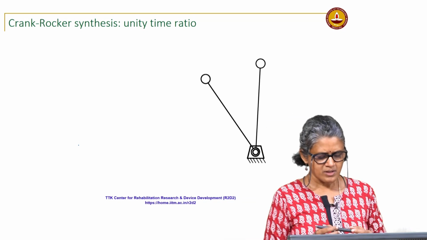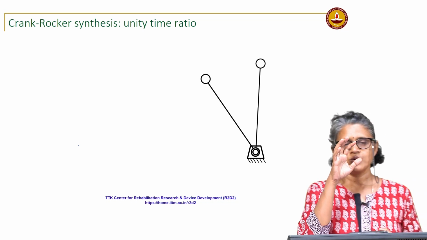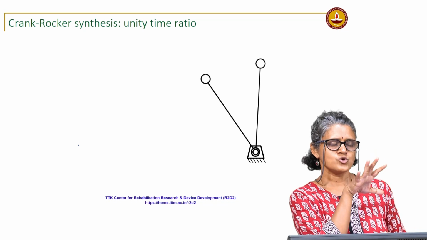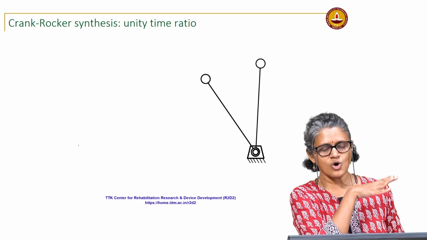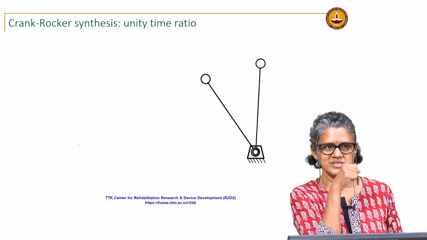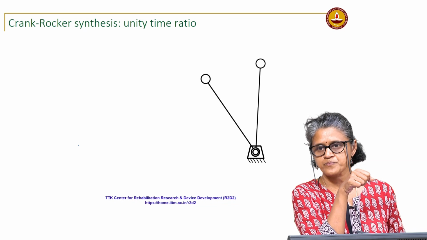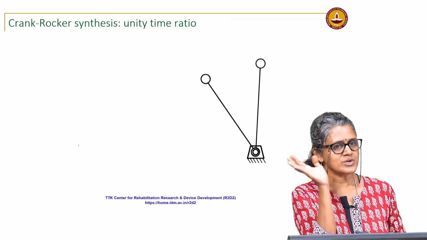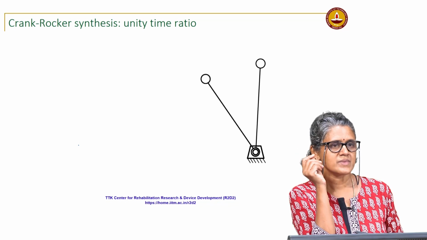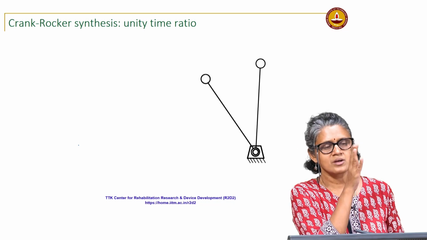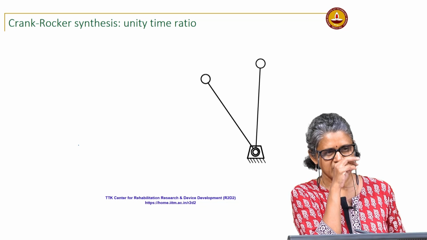Okay. So now, two position motion generation, you can solve it without a linkage by just pivoting at the pole, or you can use a 4 bar or a slider crank or double slider, whatever. Mostly we will look at the 4 bar.